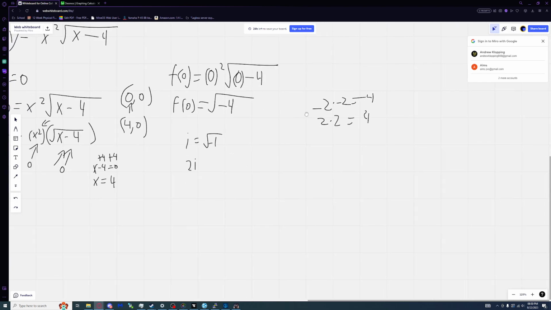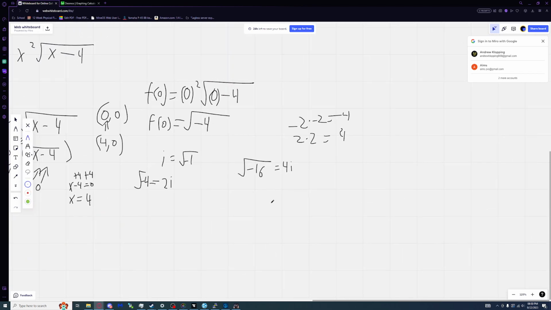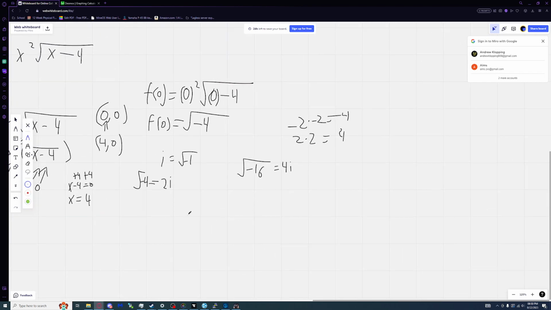So if you wanted it to be 4i, you would need to take the square root of -16, which equals 4i. But the square root of -4 is equal to 2i. So this is going to be weird, but I believe the y-intercept is at 2i, or sorry, it's going to be at 0, 2i.